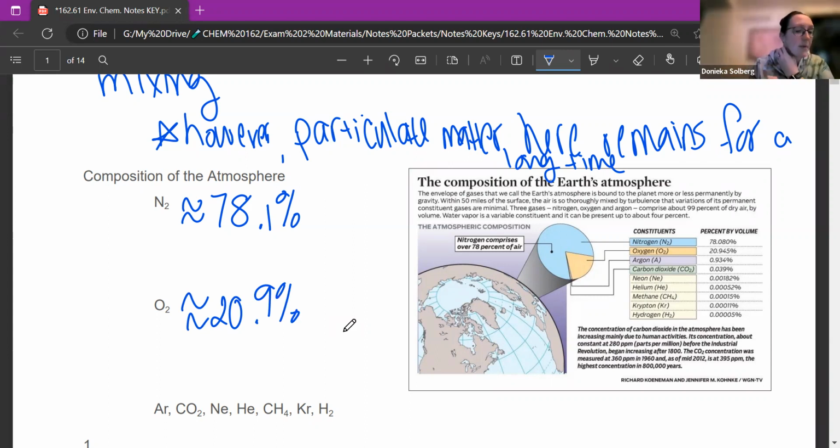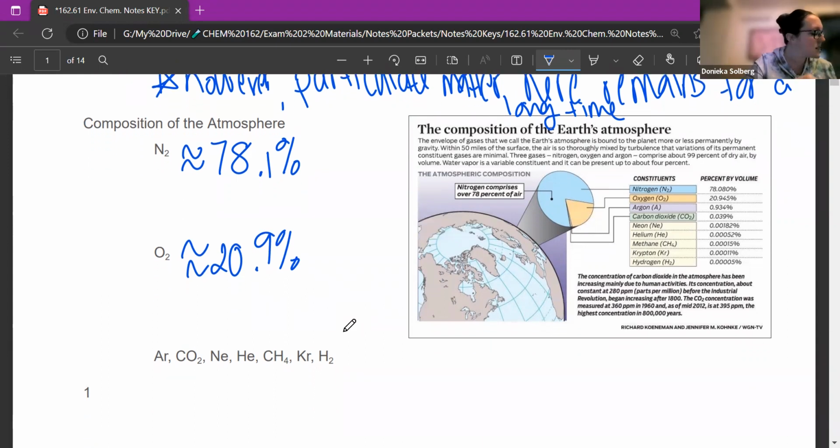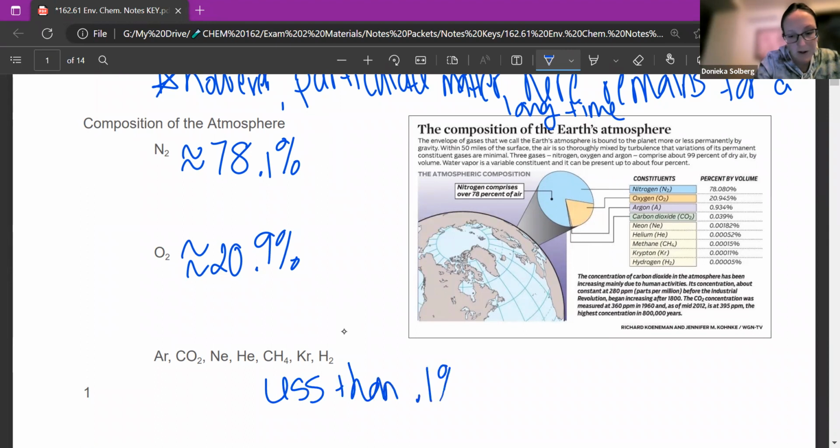That takes up essentially 100%. So the rest of this stuff is really less than 0.1% of all of these. So there's a little bit of argon, carbon dioxide, of course, neon, helium, methane, krypton, and some hydrogen. You can see the actual breakdown over here on the right side.